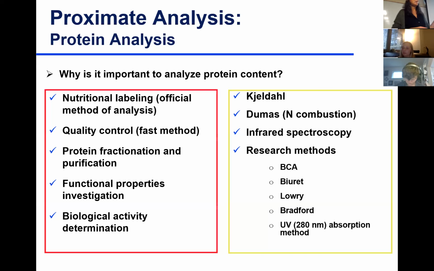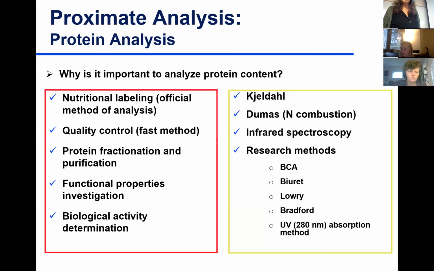Both of them you will be doing in the lab next week, and you will be doing one of the research methods, which is the Bradford assay. So we'll talk about, well, not all of them, but definitely Kjeldahl and Dumas, a little bit of IR, and then a couple of the research methods we'll highlight as well.